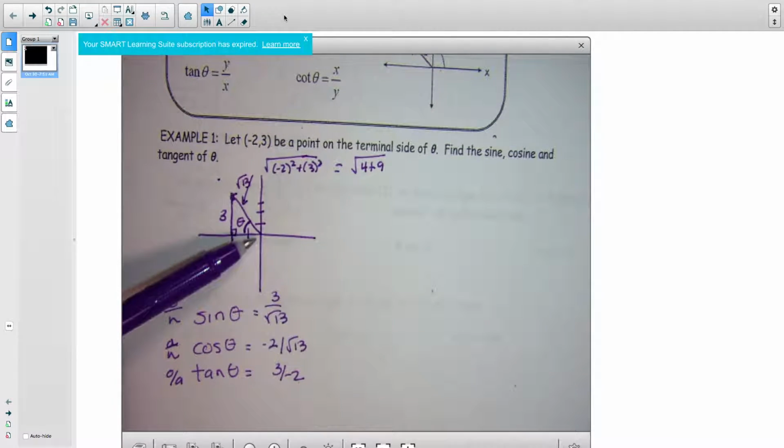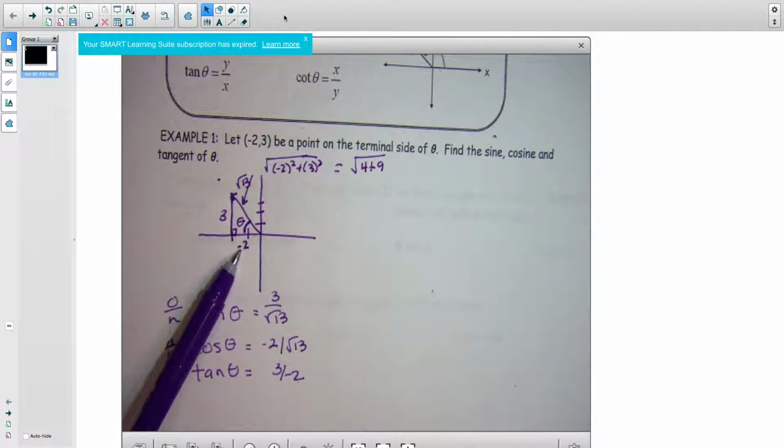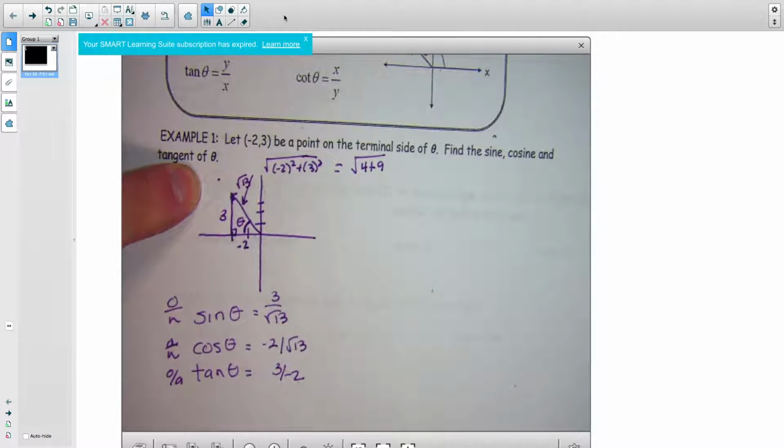Now I left this negative here. In this quadrant up here, you know that the cosine is negative, the sine is positive. And that's true here.